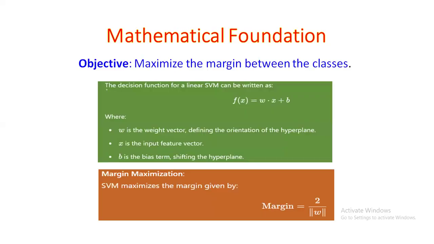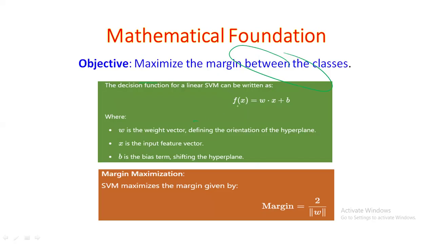Considering the mathematical equations, the primary goal of SVM is to find the hyperplane that maximizes the margin between the classes to ensure that the model not only classifies the training data correctly but also generalizes well to unseen data. Mathematically, this involves solving an optimization problem that minimizes the norm of the weight vector while ensuring all points are classified correctly.